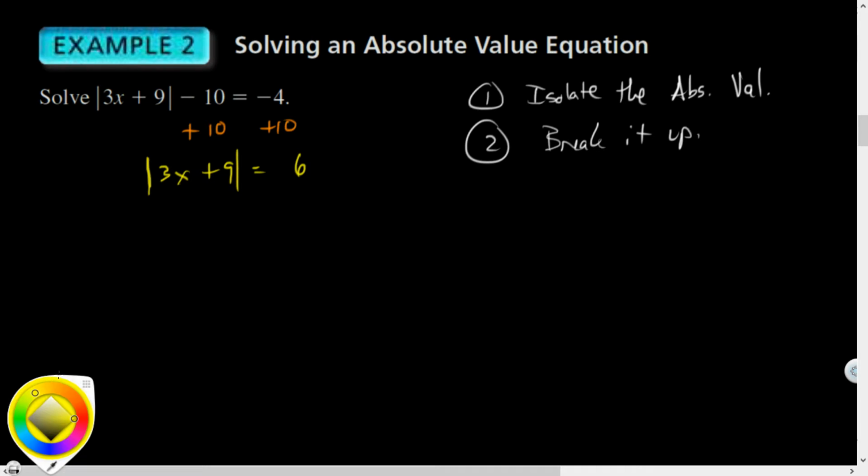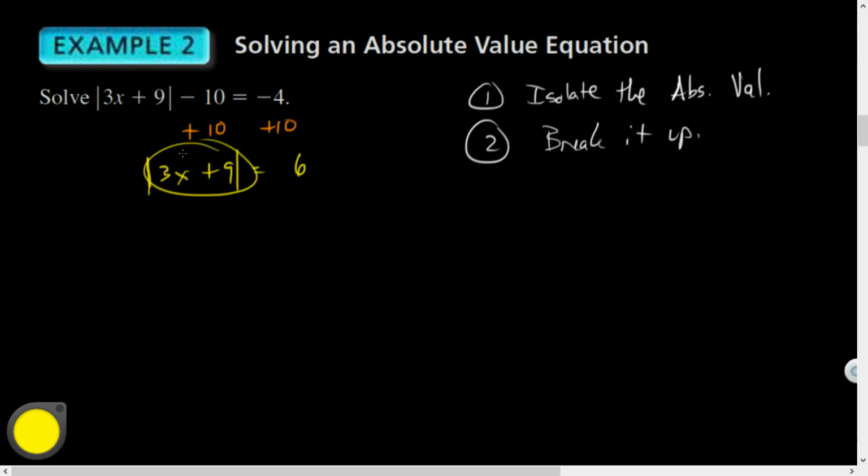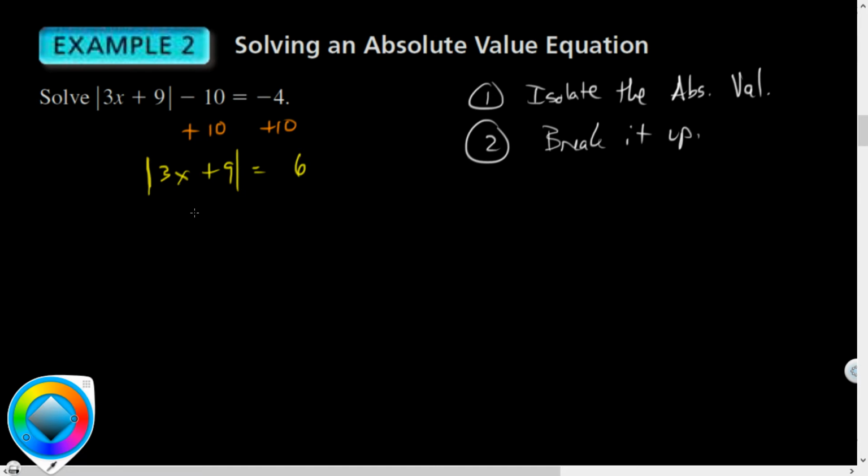And now that the absolute value is by itself, all right, that's what isolated means. You're by yourself. Now that it's the only thing on this side of the equal sign, now I can break it up. Break it up, right? Break it up.